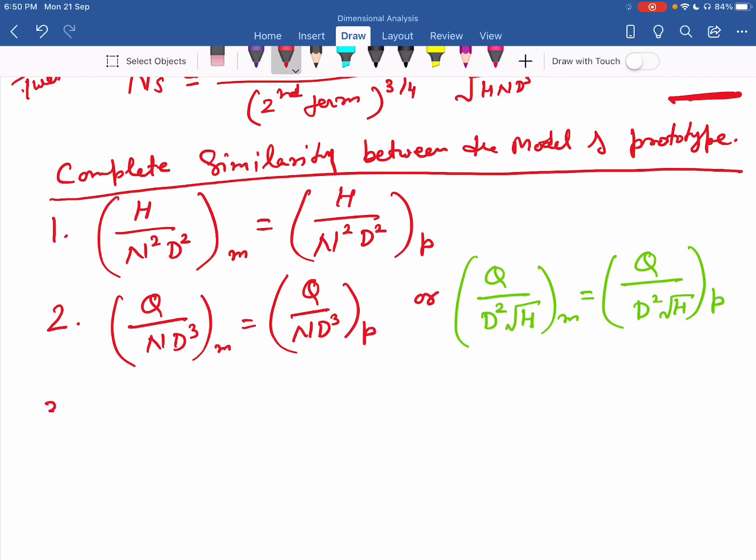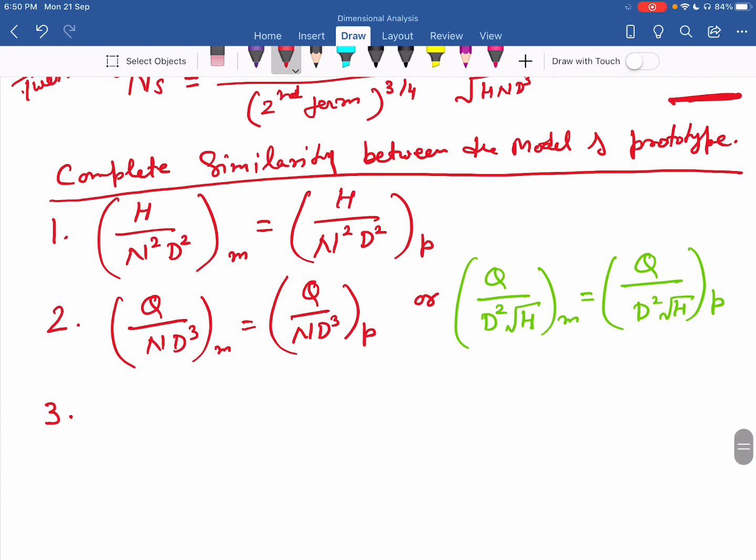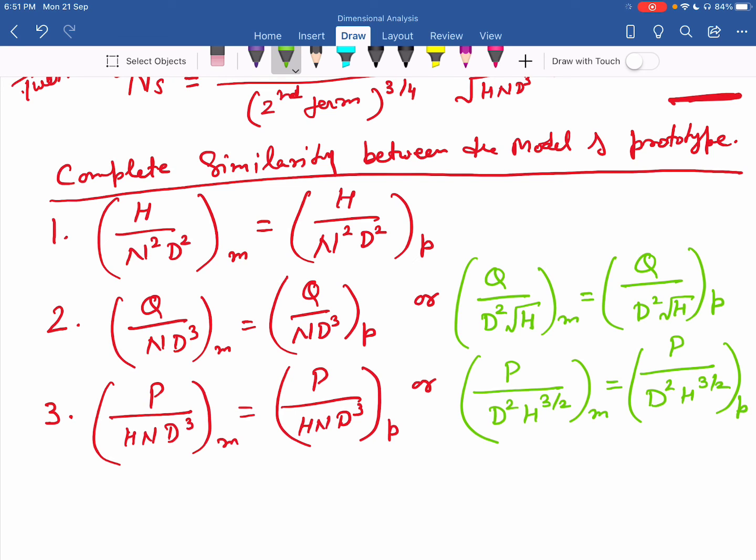Equation number 3 is either this one or this one. So I write it as P upon H N D cube for model equal to P upon H N D cube for prototype, or P upon D square H raised to power 3 by 2 for model is equal to P upon D square H raised to power 3 by 2 for prototype.